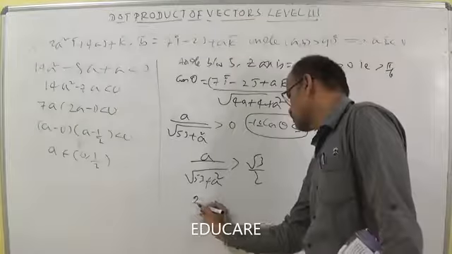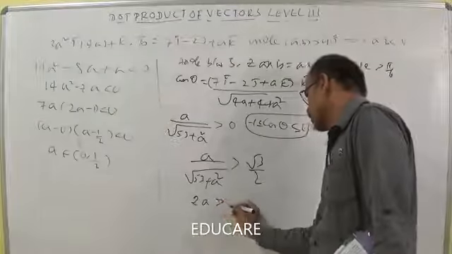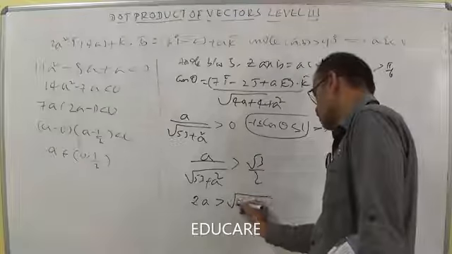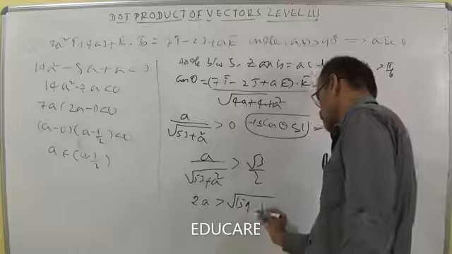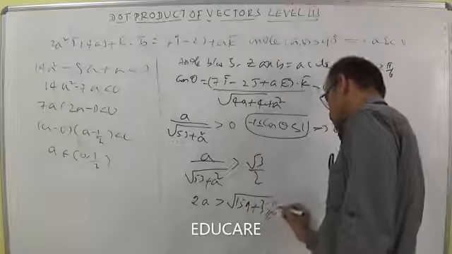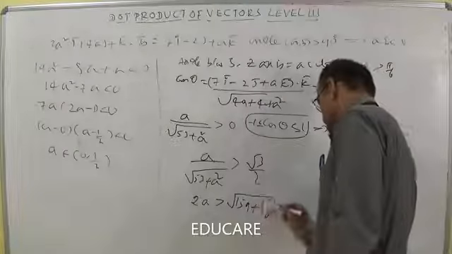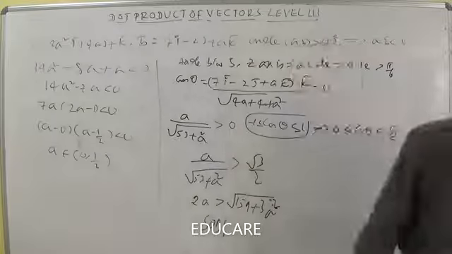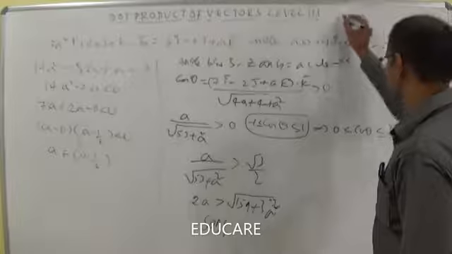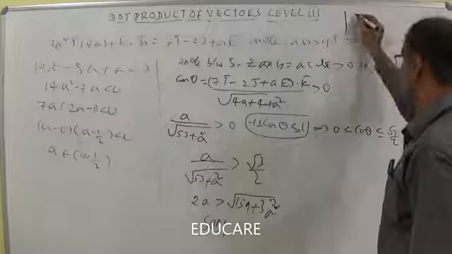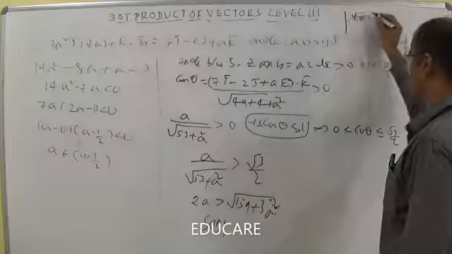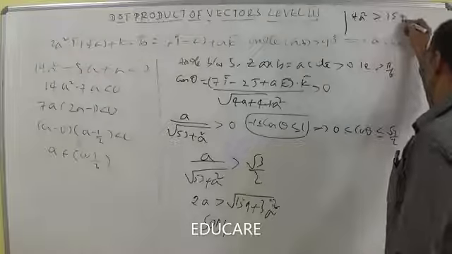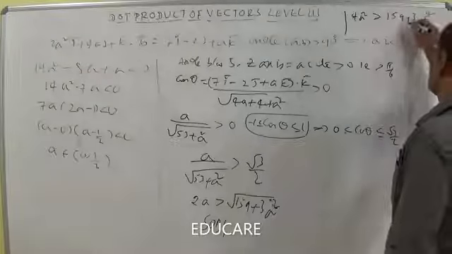We write this as 2a greater than root of 3 into 53 plus a square, that is root of 159 plus 3a square. Squaring both sides, it gives 4a square greater than 159 plus 3a square. So a square is greater than 159.